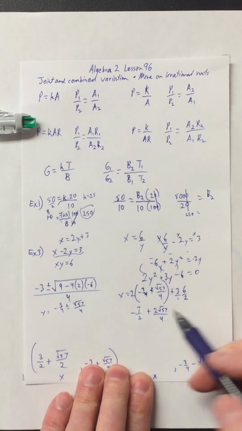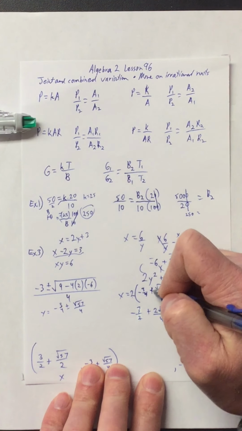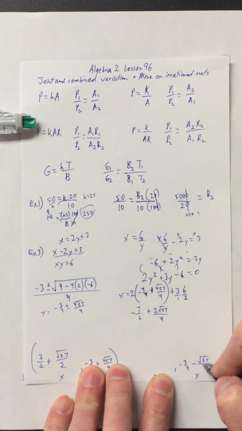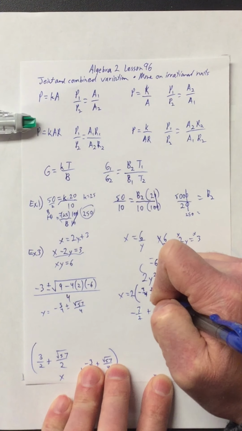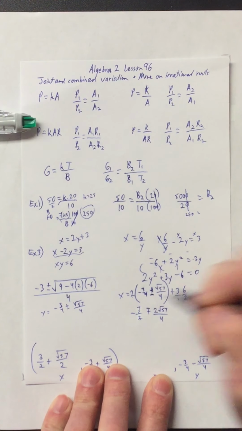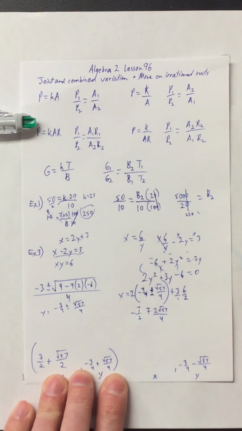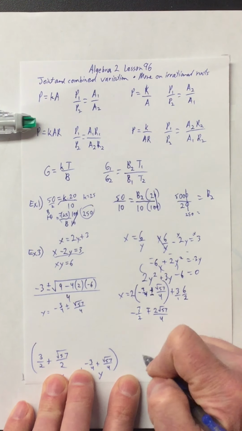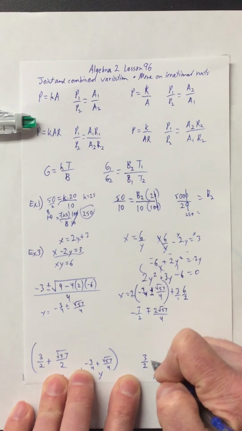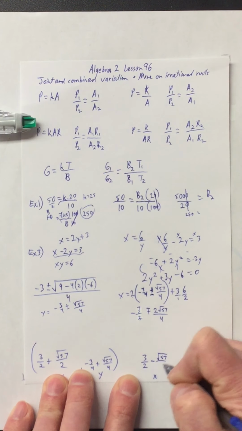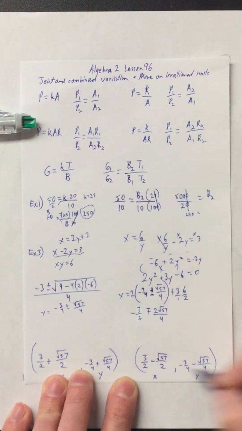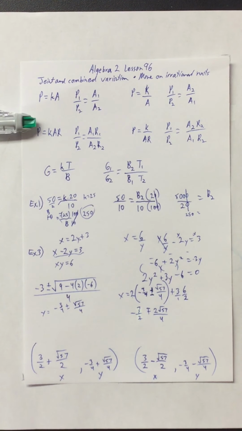Then we come back, and if we look at this problem here, putting this one in, the only thing that's going to change is that this sign here is now going to be a negative, but otherwise it's going to be the same answer. And so we'll write that out as 3/2 minus square root of 57 over 2. And that's the only thing that's going to change for that second answer there. All right, and that is example 3.